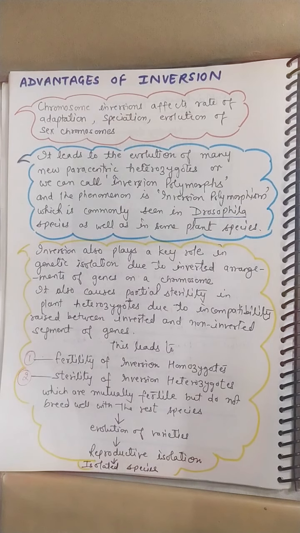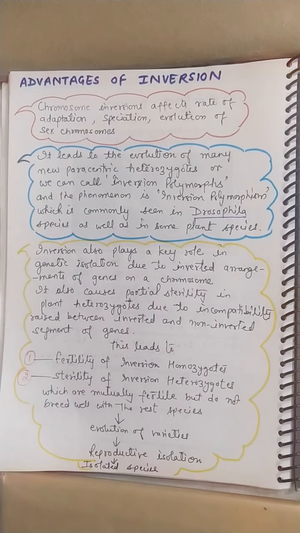Inversion also plays a key role in genetic isolation due to the inverted arrangement of genes on a chromosome. It also causes partial sterility in plant heterozygotes due to the incompatibility raised between inverted and non-inverted segments of genes.